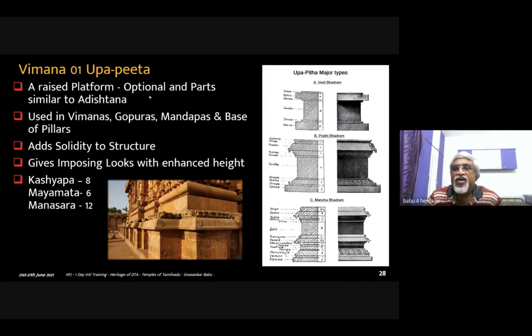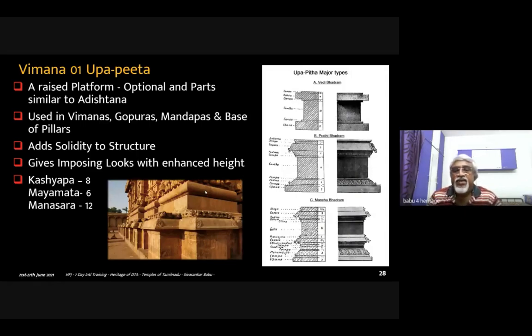an escape route or a side route is to add Upapita, which raises the height without altering the overall ratio of the Vimana. In fact, during the Vijayanagara period, in their Vimanas or Gopuras, they used a double Upapita to raise the basic height of the Gopura.